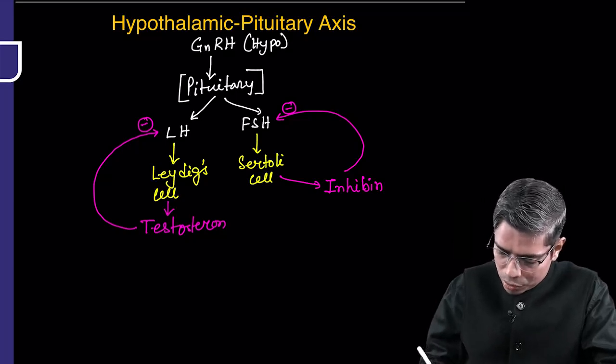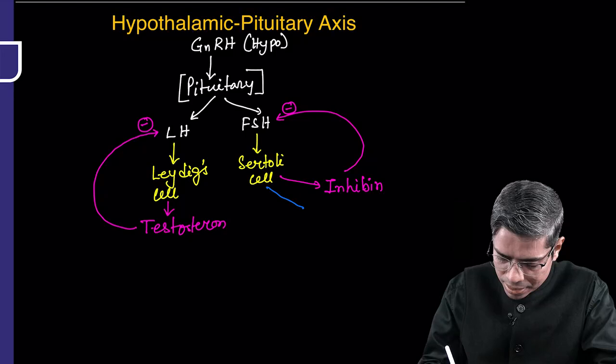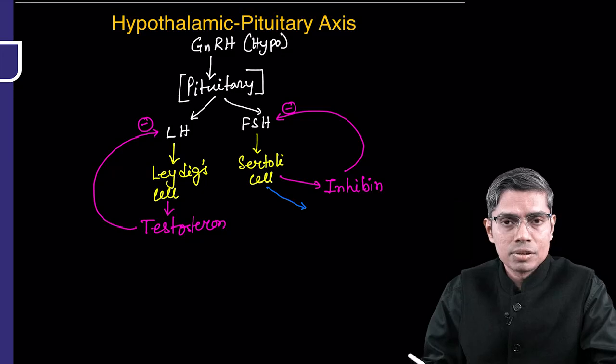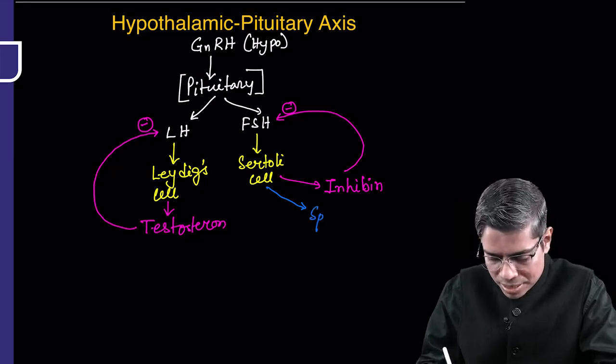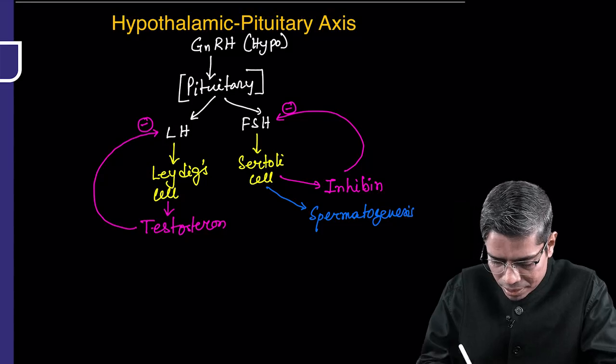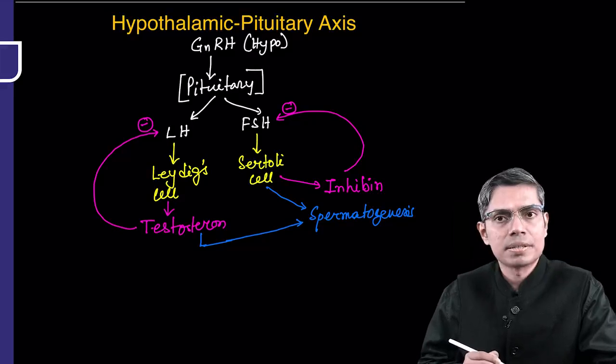Now apart from this, we also know that Sertoli cell is responsible for nourishment during the process of spermatogenesis. So it is helping in the process of spermatogenesis, right? This testosterone will also help in the process of spermatogenesis.